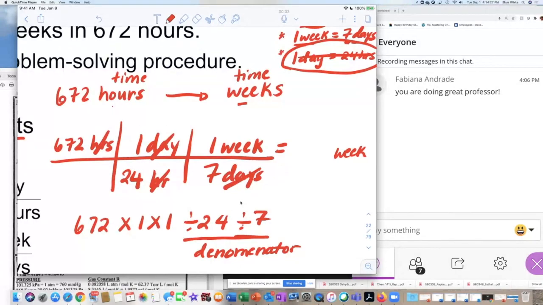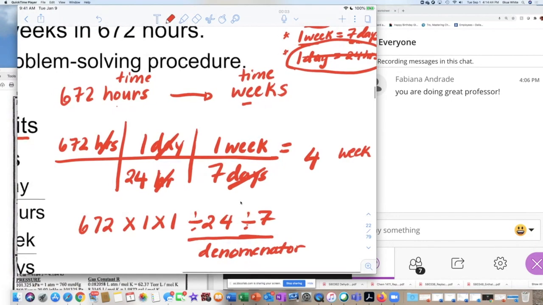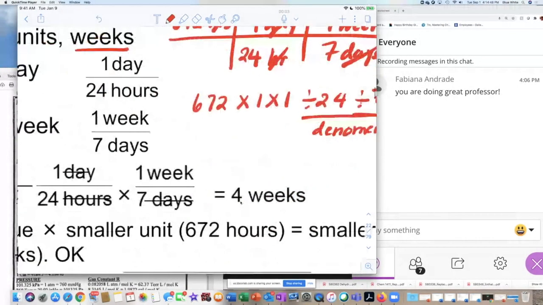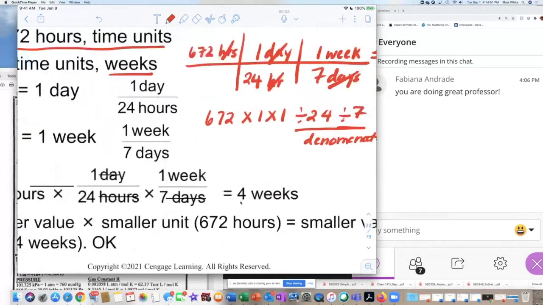It's very important to input the numbers correctly in your calculator, or all the work you're doing is not going to help you get the right answer. So let me see. After all this, I think I get 4 weeks. 672 times 1 divided by 24 divided by 7, I get 4 weeks. Is this correct? Yes. Look at that.